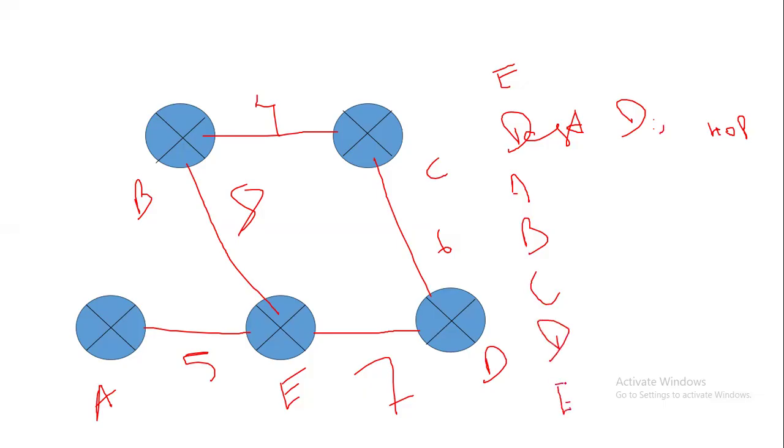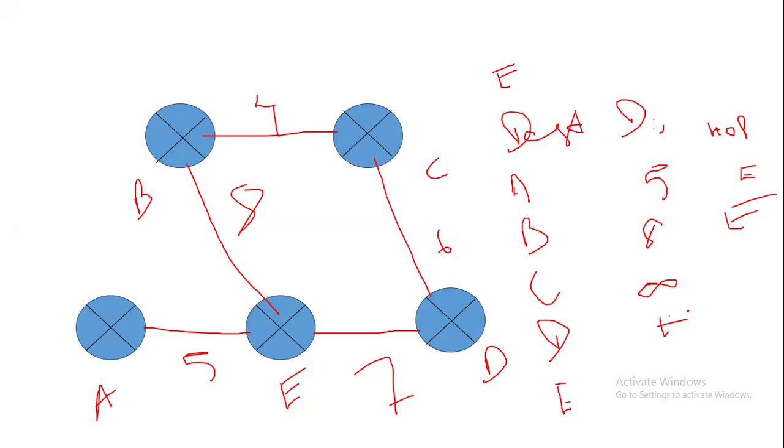So if I'm talking about E, E to A, what is the distance? We already calculated how much? 5. B to E, right? It's A. C to E, there is no direct connection. So that is going to infinity. D to E, it's there.